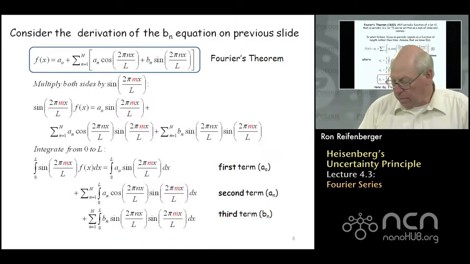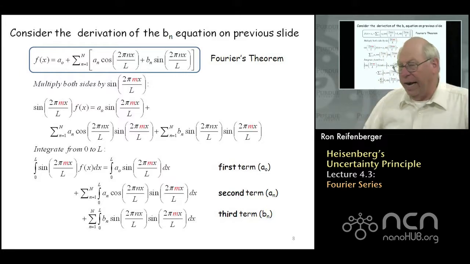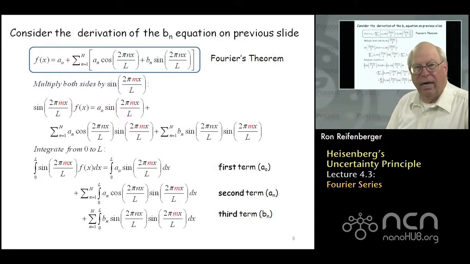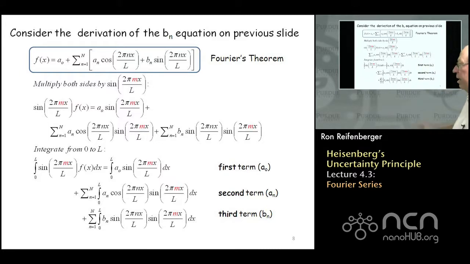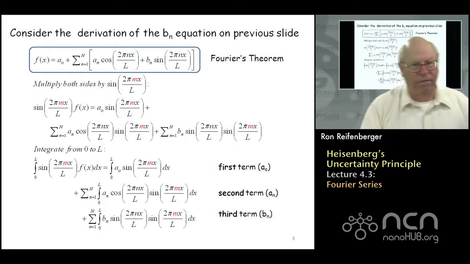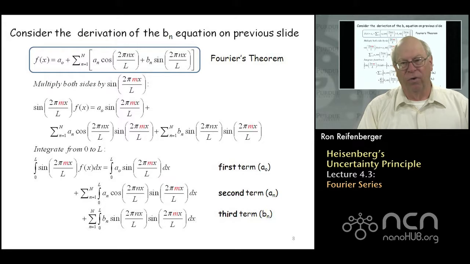So in the next few slides, I just go through and derive the result for the b sub n equation on the previous slide. I show you that this coefficient b sub n can be determined in terms of an integral of f of x over one period of a sine wave.